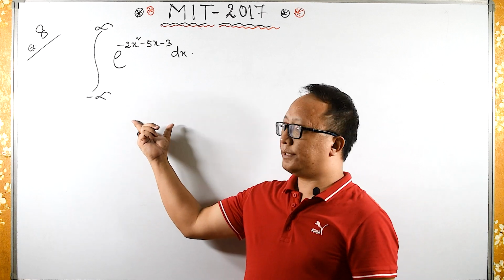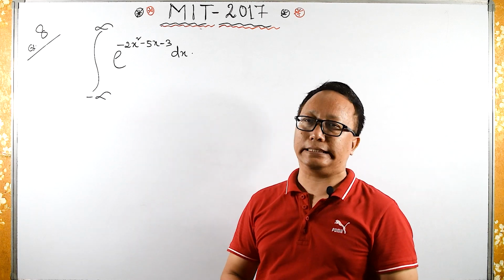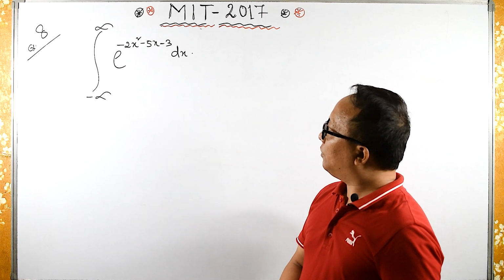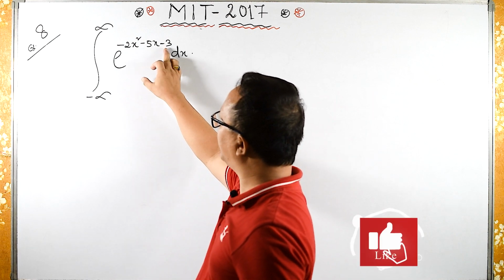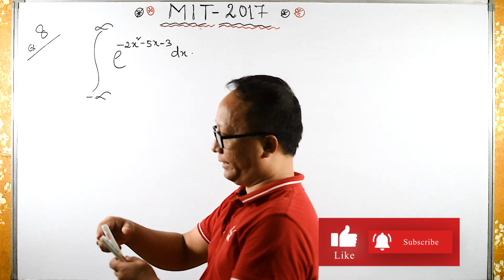In this integral I am going to use the Gaussian integral. Here the minus 3 is a constant, so I will try to send it outside.